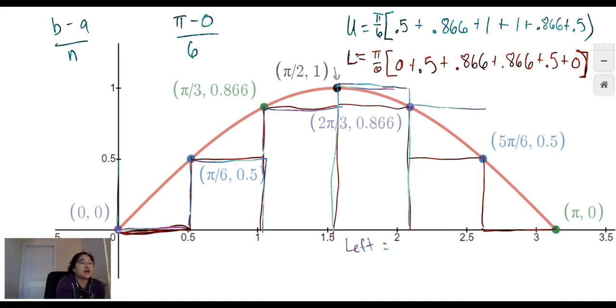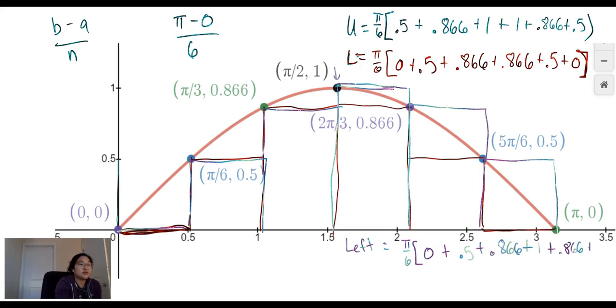And after that, when our function is decreasing, our left sum suddenly changes. So our left sum is going to be pi over 6 times 0 plus 0.5 plus 0.866 plus 1 plus 0.866 plus 0.5. And that is our left sum.